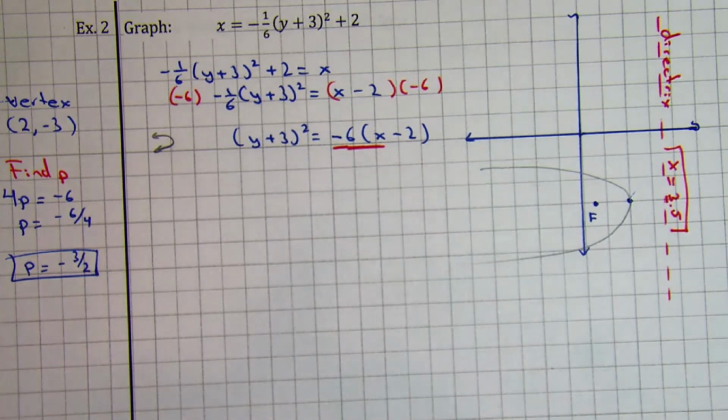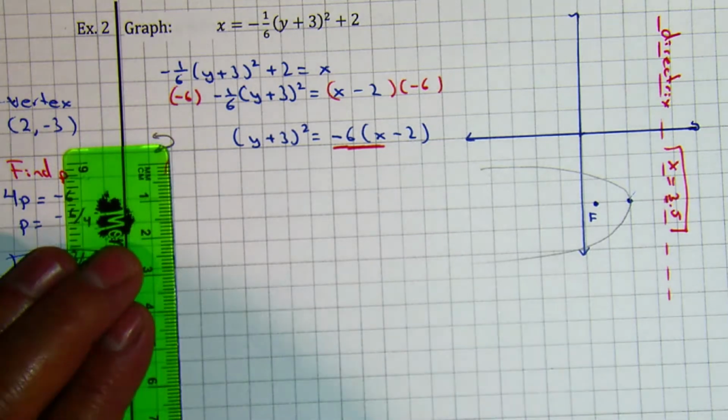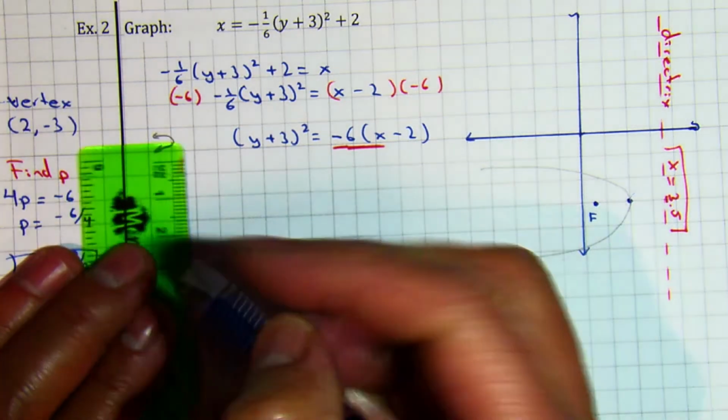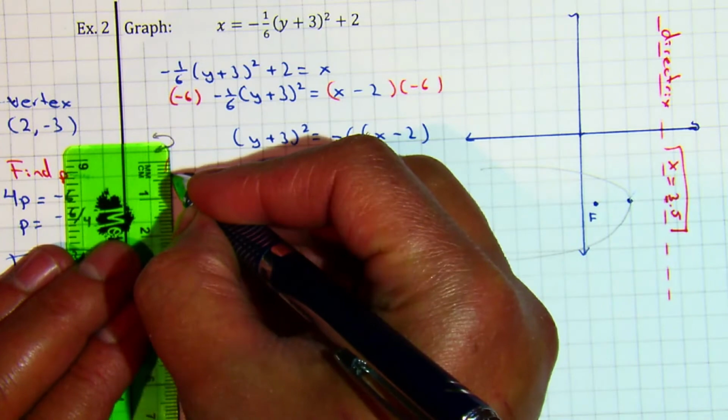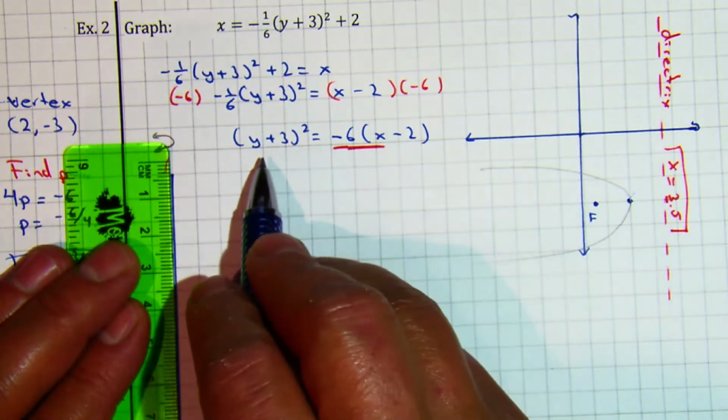And now we are going to make a table of values to find the additional points. I'm going to plug in values for x, and that'll give me back values for y.